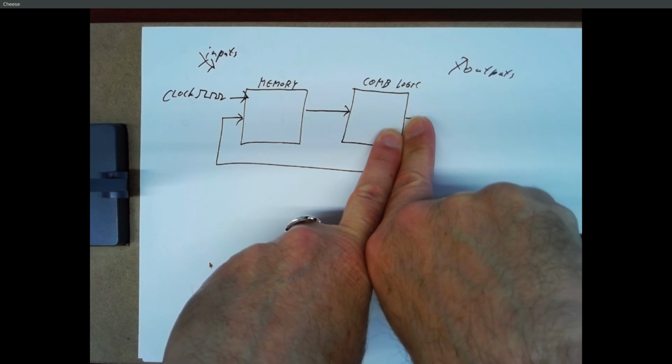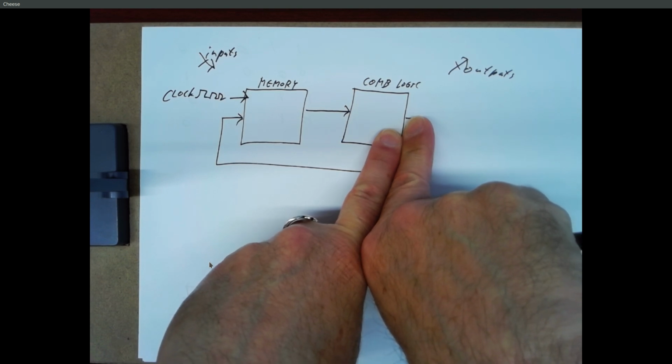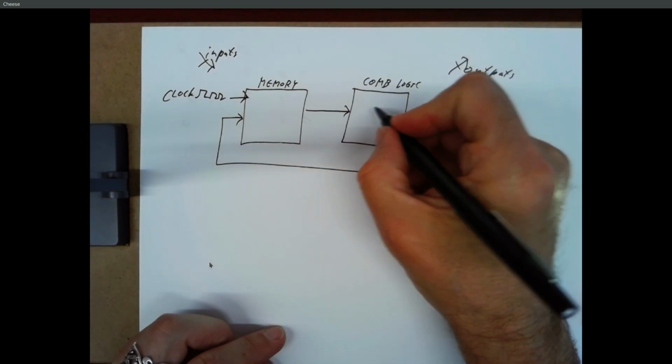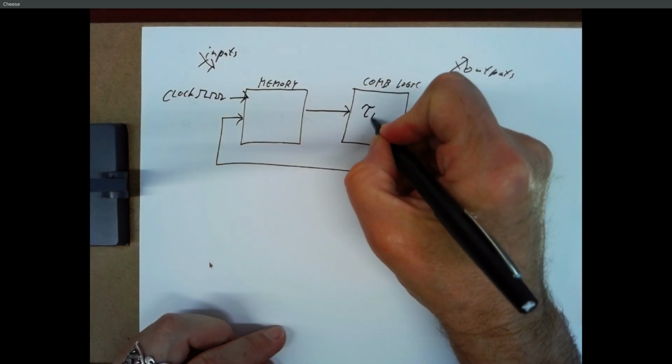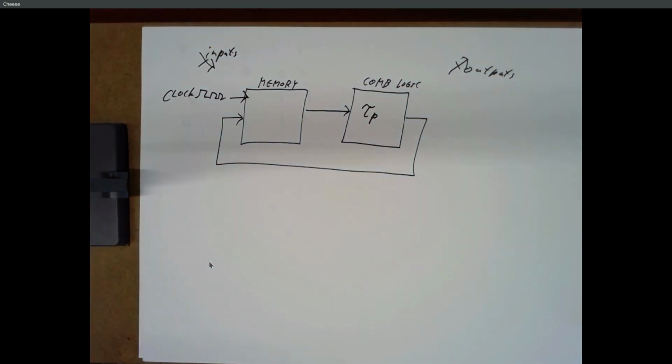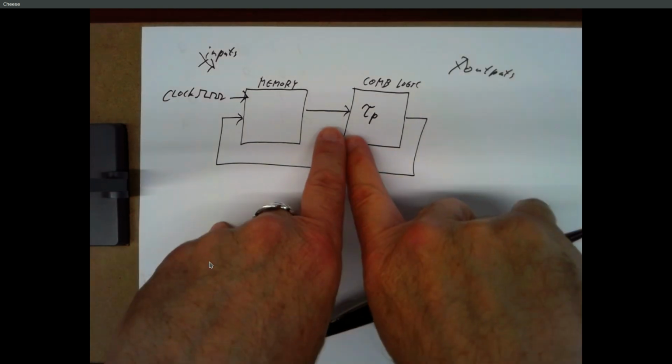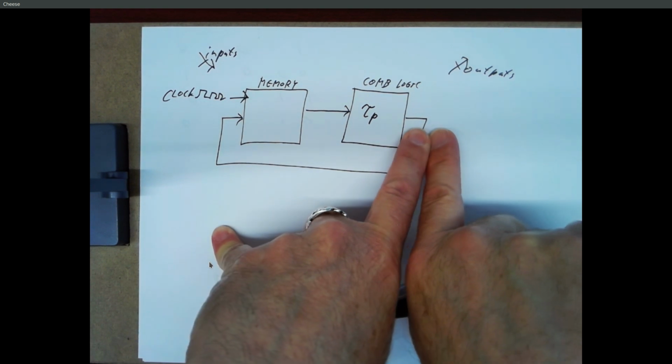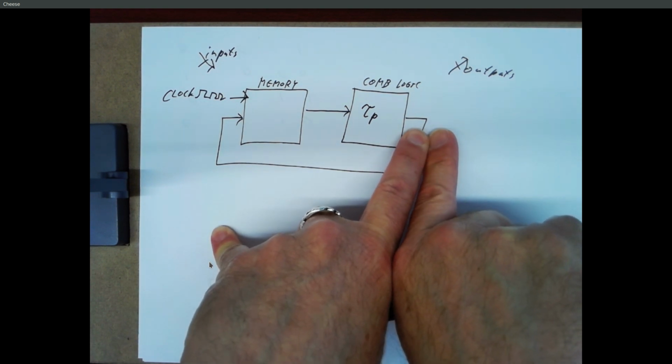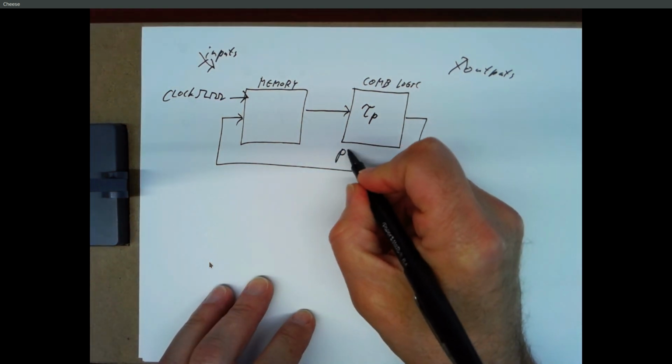And remember, everything has propagation delay. So this has some delay, which we can just call tau sub p. That's propagation delay. That's the maximum time it takes from changing an input to getting correct outputs.